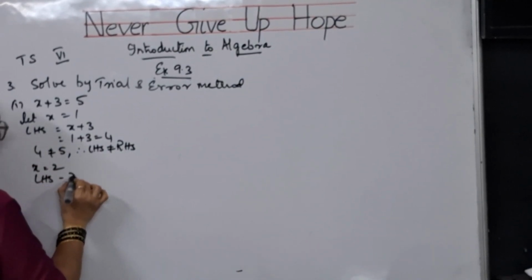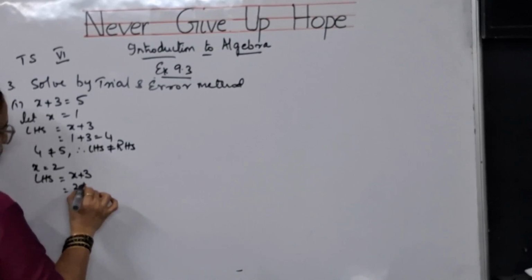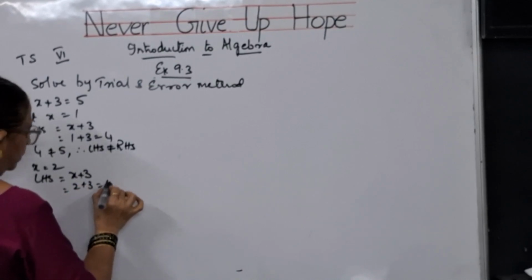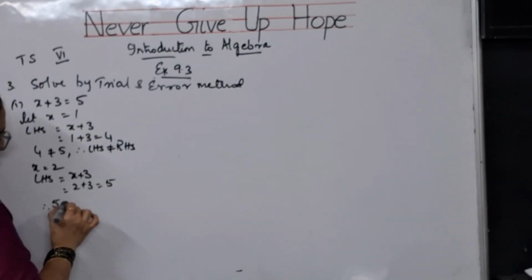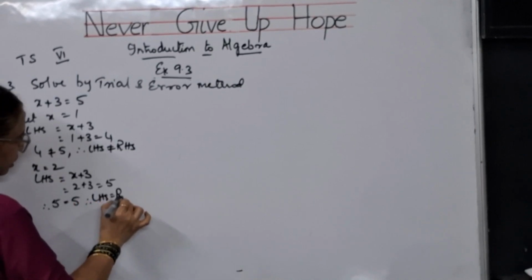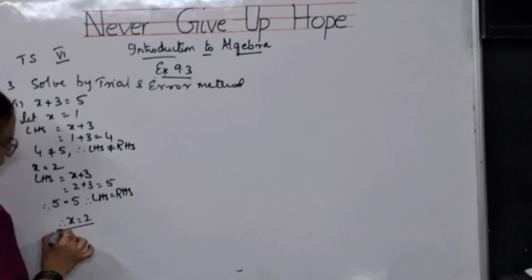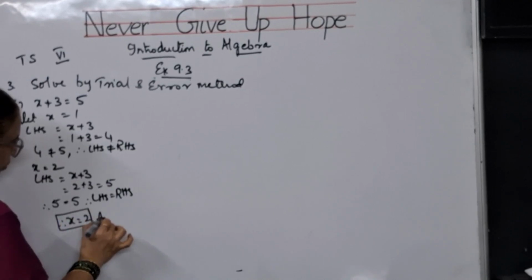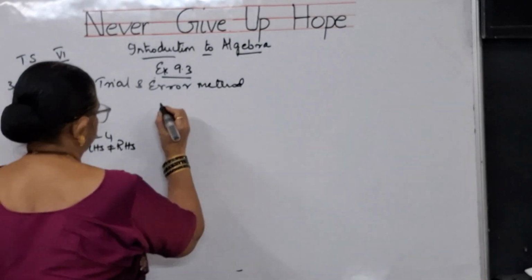LHS is x plus 3, that means 2 plus 3. 2 plus 3 is 5. Therefore, 5 is equal to 5. Therefore, LHS is equal to RHS. So, what is the value of x? x is equal to 2 is the answer for the first bit.